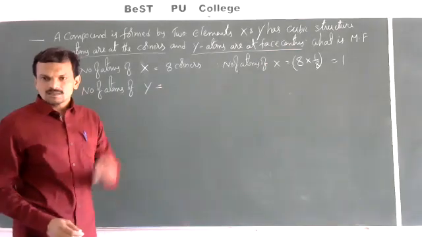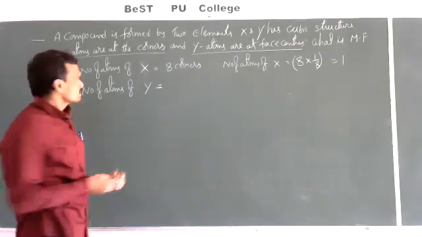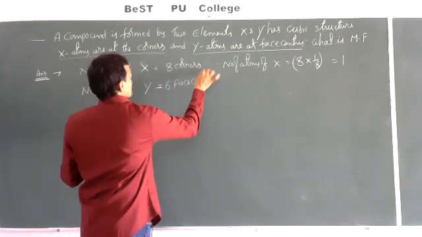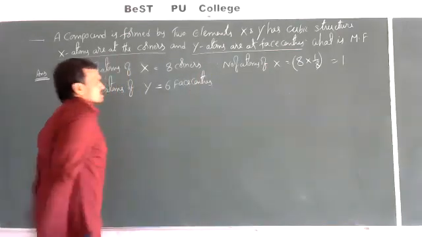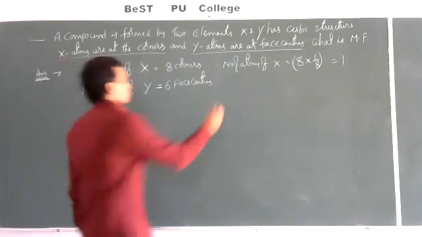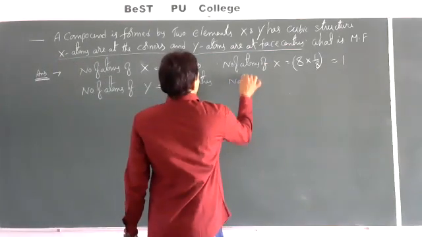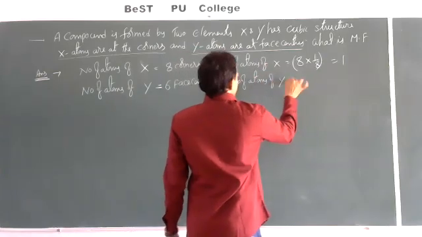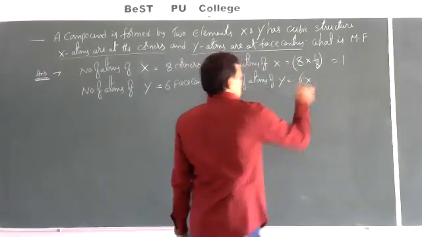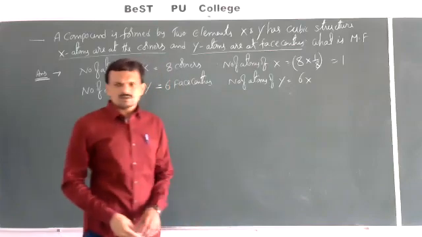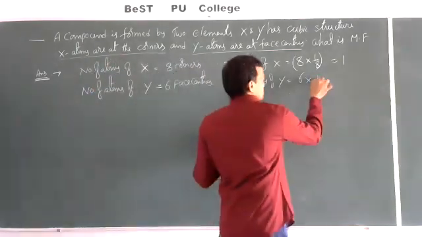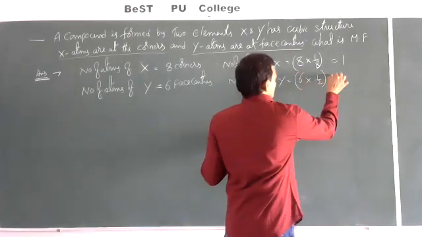A cube has 6 faces, so 6 face centers are there. Therefore, number of atoms of Y is equal to 6 into, what is the contribution of a face center? 1 by 2. So 6 into 1 by 2, which is equal to 3.